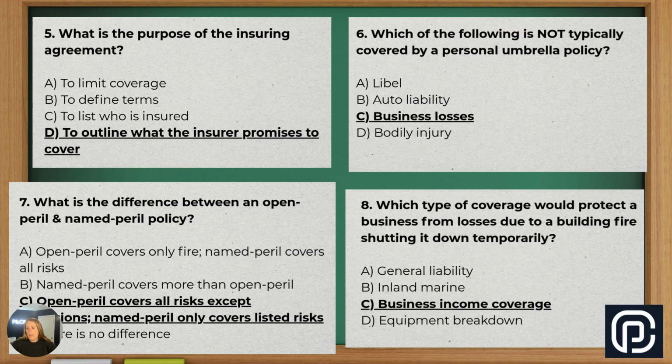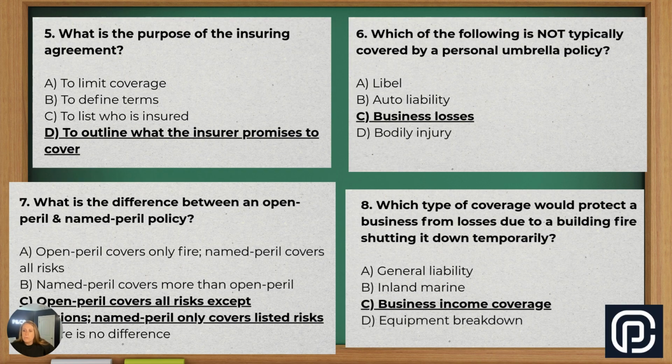If you relate this back to our cause of loss forms, our basic and our broad policies are on a named peril basis. Our special peril policy, things like a DP3 and HO3 and HO5, those are on an open peril basis, right? They're more comprehensive than a HO1 or an HO2, being that they're on a named peril basis. All right, number 8.